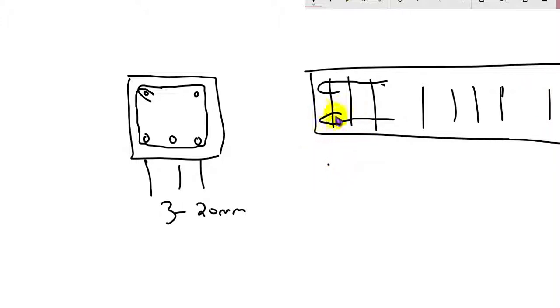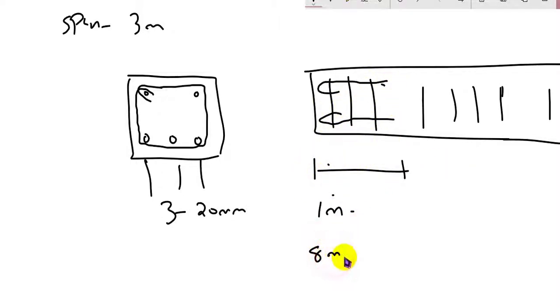For the first few distance, maybe the span of the beam can be 3 meters. For the first 1 meter, the spacing of the stirrups, I don't know, these and all data actually come from the structural engineer. For the first 1 meter, the stirrups of 8 mm diameter carry kind of a spacing of, well, 100 maybe, I don't know.